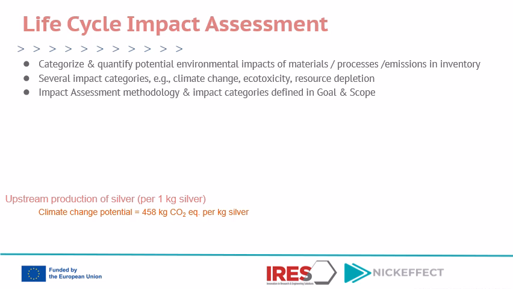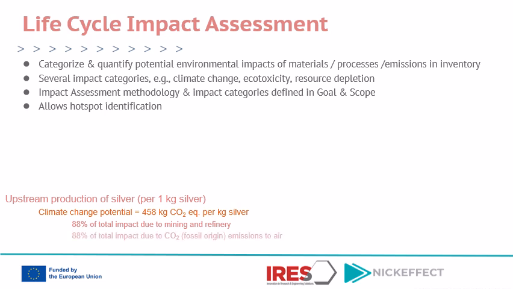That's quite a high climate change potential. During the impact assessment, we can identify hotspots of the impacts. In this case, for these kilograms of CO2 equivalent, the majority of them are due to the process of mining and refinery of primary silver.